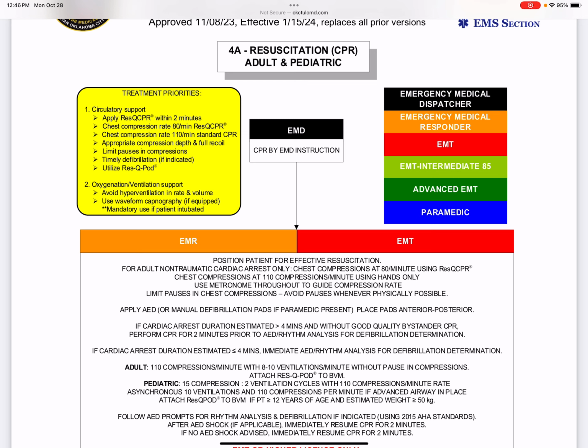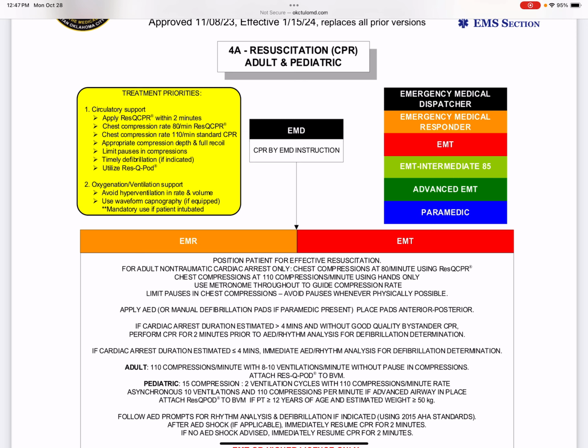I can testify firsthand that I was not a big component when I first started working within the system, but the numbers do show that it does a very good job, a much better job than just standard CPR. So when you're using the rescue CPR, the rate's going to be 80 per minute. If you're going to do standard CPR, the rate's going to be 110 per minute.